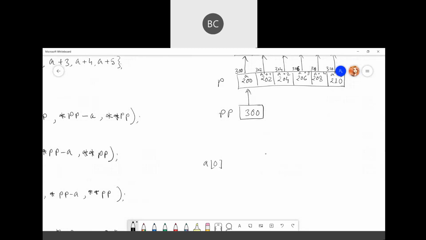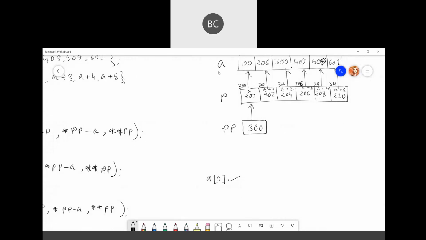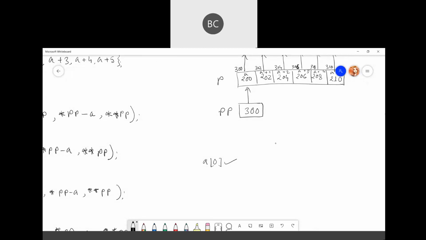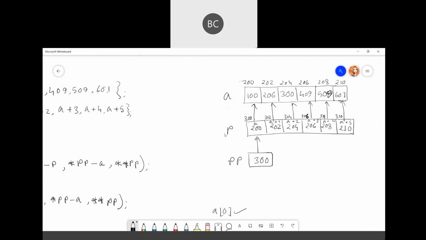Another way, using the pointer, you can also write *P[0]. It will access the same value. Then you can also access the same first value using the double pointer, **PP. In all three cases, it will return the value 100.